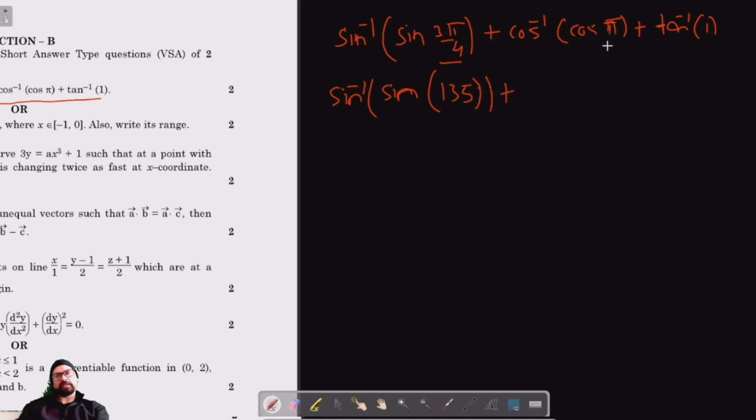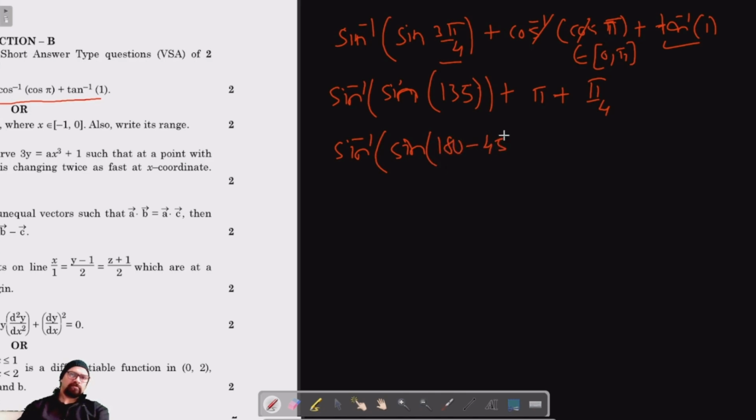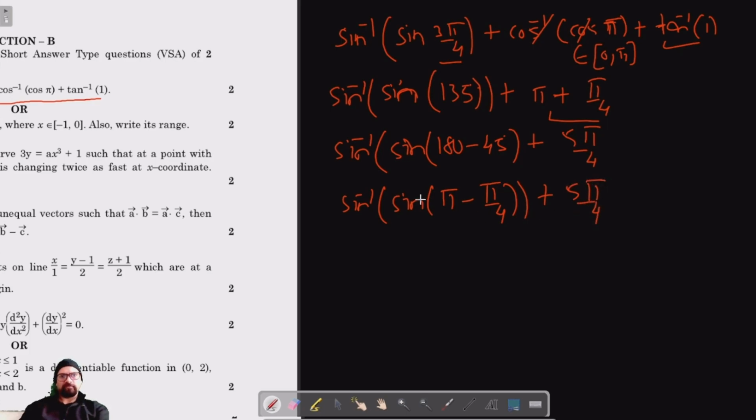And cos inverse cos pi, this is in the principal range of 0 to pi, so it gets cancelled with its pi. And tan inverse 1 is always pi by 4. Now sine 135 degrees, we can write as 180 minus 45, so this is pi minus pi by 4, since 180 degrees is pi and 45 degrees is pi by 4, and this gets 5 pi by 4.